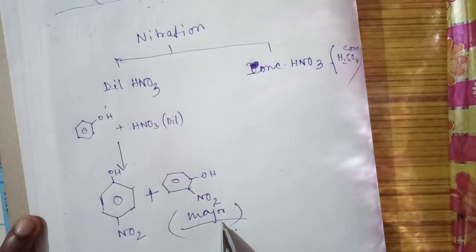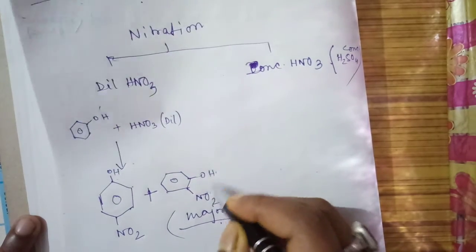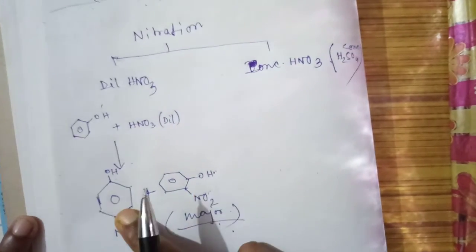Why is it the major product? Again, because it can form an internal hydrogen bond. Its stability is more than the other one.